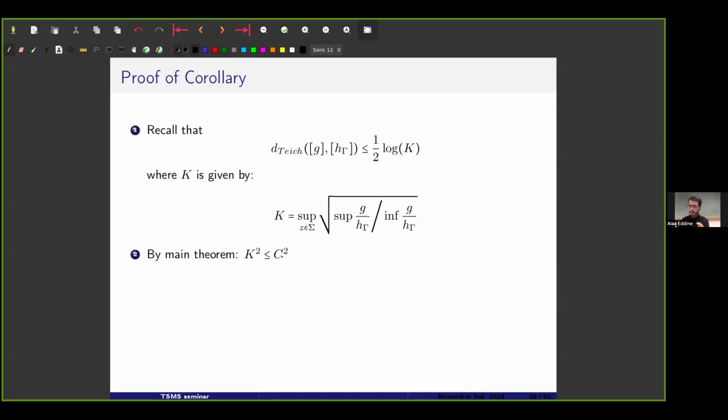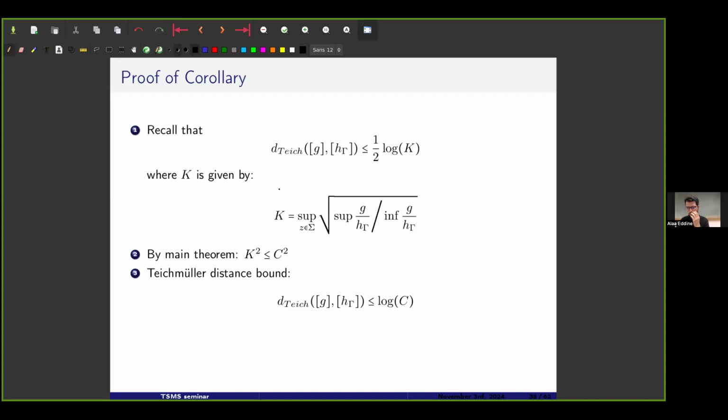So the Teichmüller distance between any conformal class in B sigma and the conformal class of H gamma is less than a constant times log C. I think there is a 1/2 missing here.